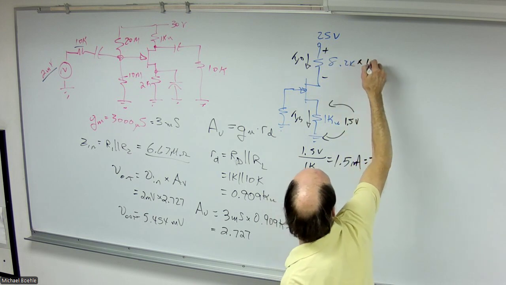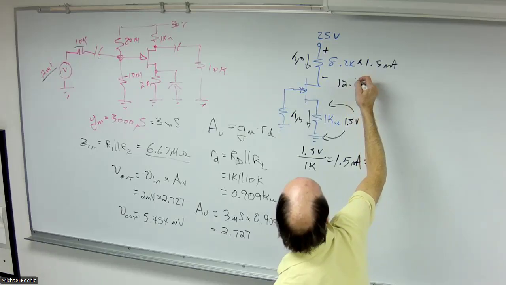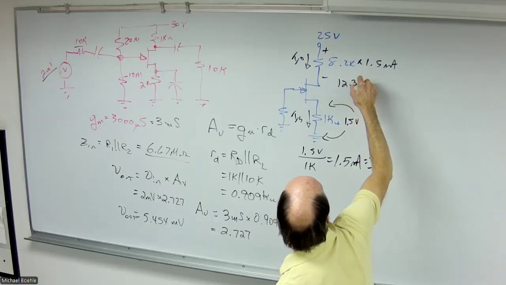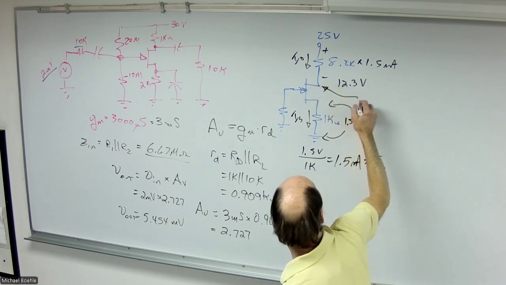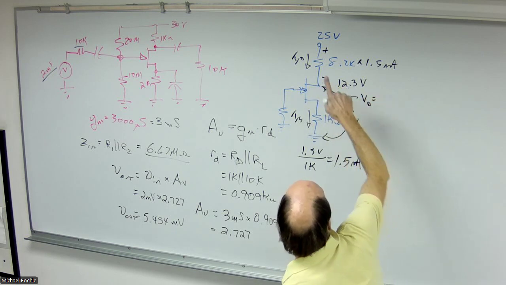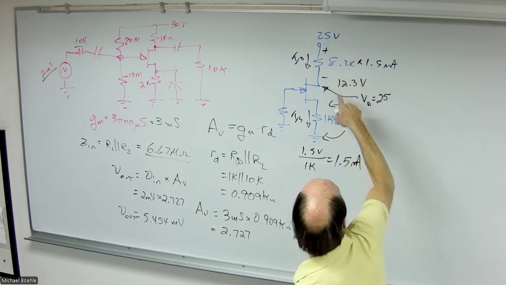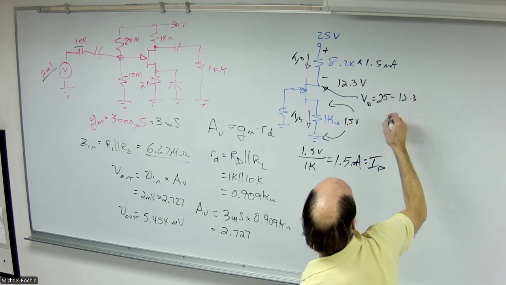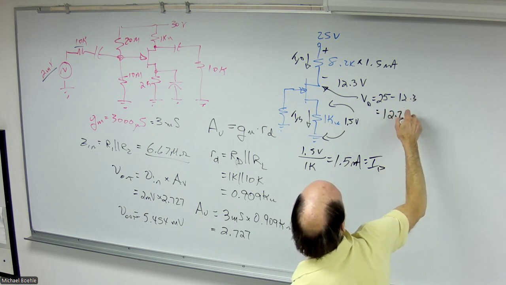That'll produce a voltage drop of 12.3 volts. And so the drain voltage, which is what the question was asking for, would be 25 minus 12.3, or 12.7 volts.